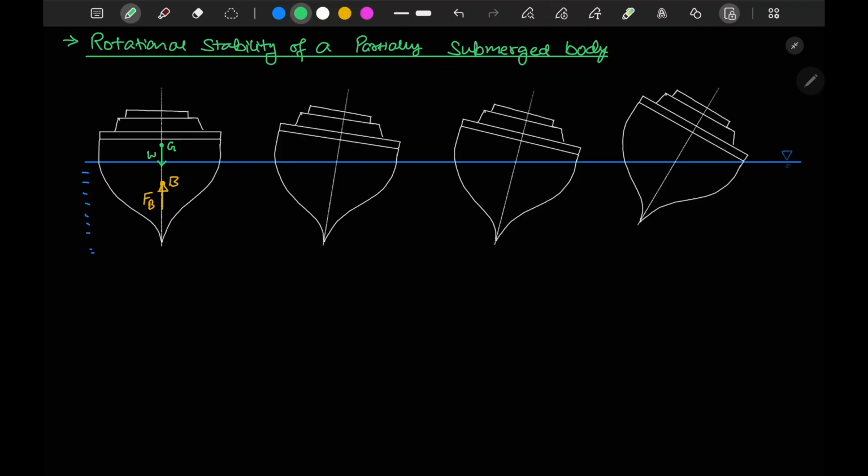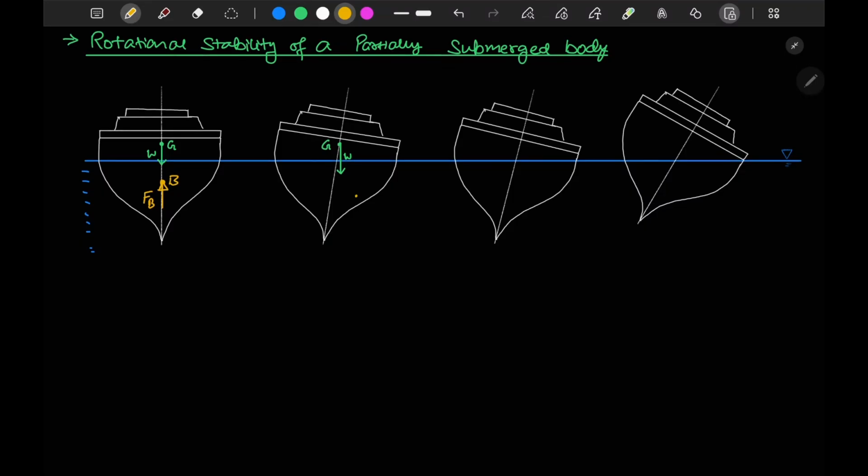Now we are tilting this ship. Let's say that the ship is tilting in this direction. So what will happen? Your G will still remain here at this point only, and your weight will act in this direction. But your buoyant force will move somewhere here, because the fluid displaced on this side is decreasing and on this side is increasing.